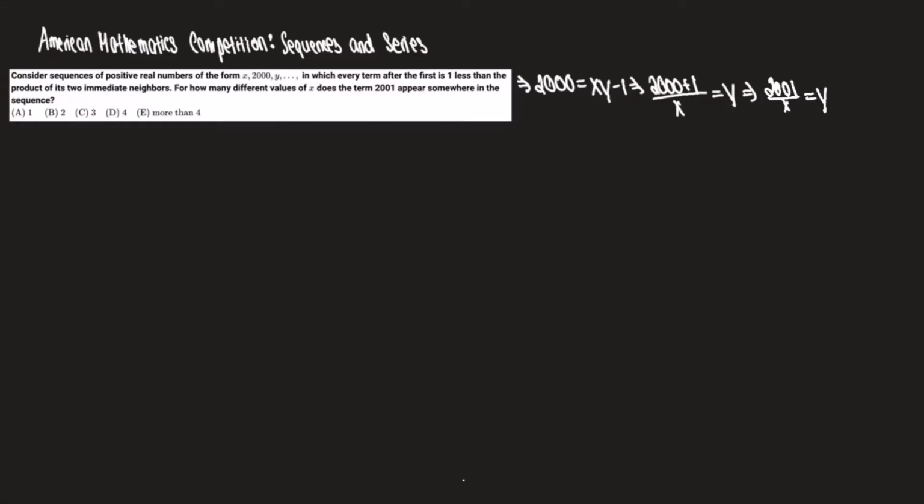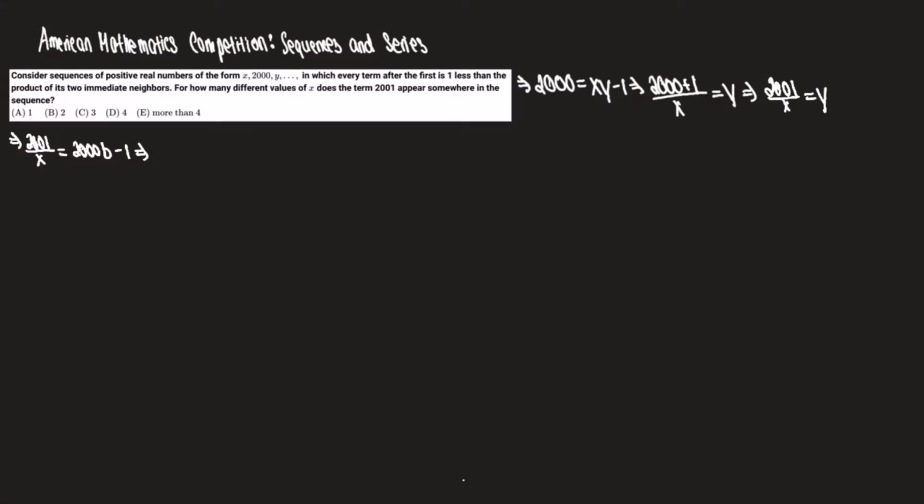Alright, so for the next term, we know that y is the product of its two immediate neighbors minus 1. So y, 2001 divided by x, equals 2000 times b, and let b be the term after y, minus 1. And if you solve for b, then you get the next term in the sequence.